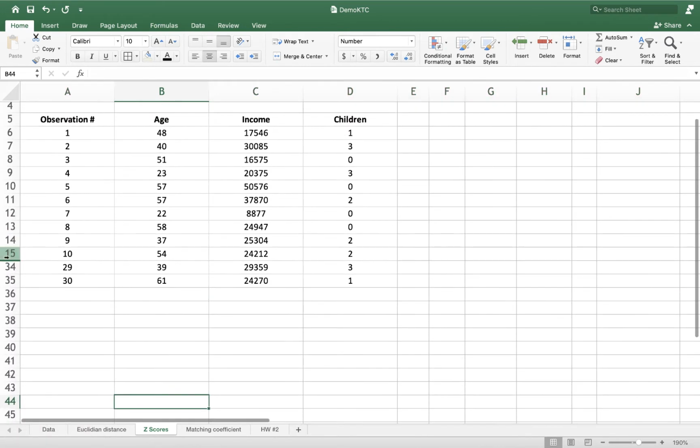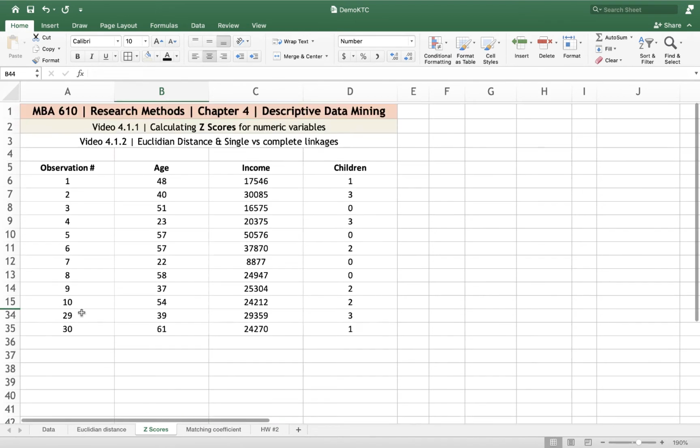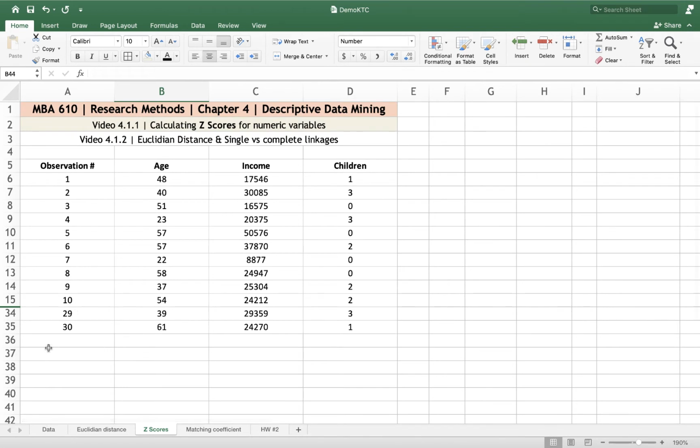Now I've got a line here between 15 and 34, and I can see that my observations go to 10, then they jump to 29 and 30. Now I can do math, right? Calculate things like average and standard deviation down here, and I can still work with the numbers and see most of my observations.